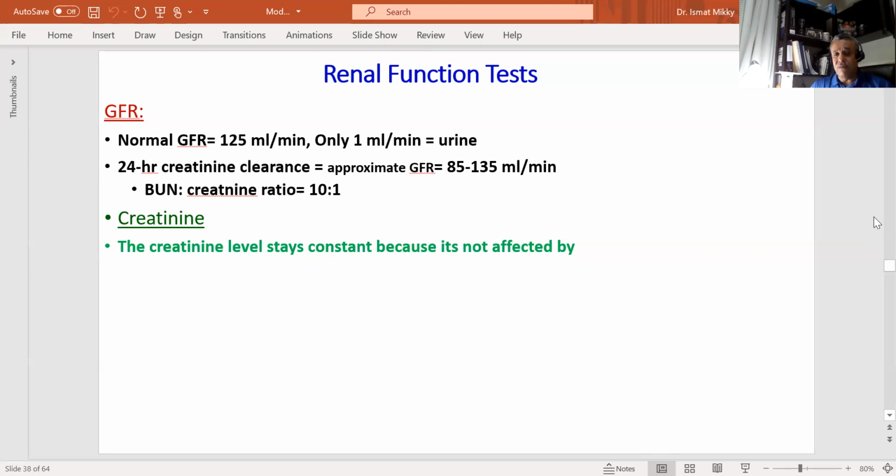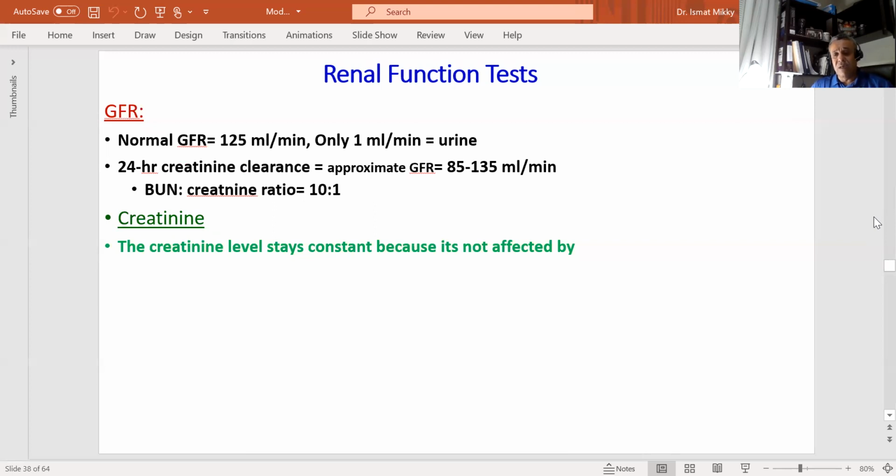The ratio of the BUN to the creatinine is 10 BUN to 1 creatinine. The highest determinant factor of kidney function is the GFR, or creatinine clearance. Next to that is creatinine, a very strong determinant, because creatinine is not affected by many factors like the BUN.